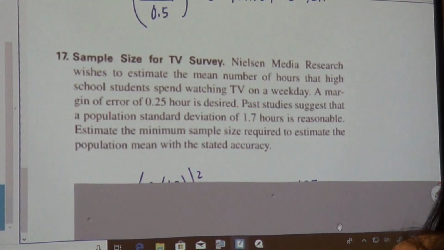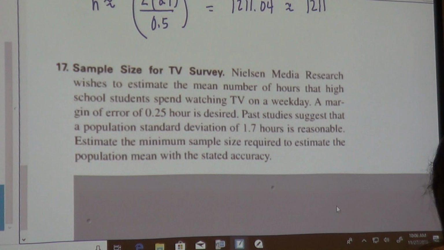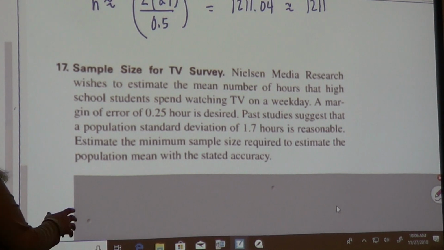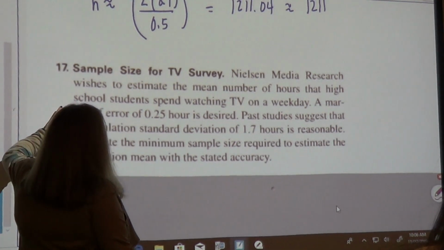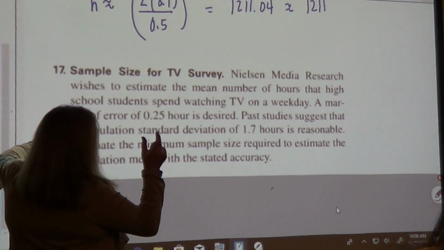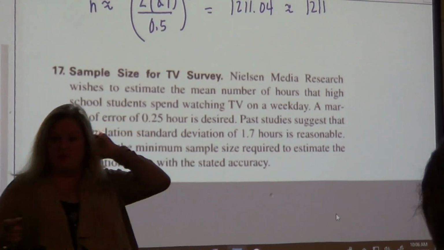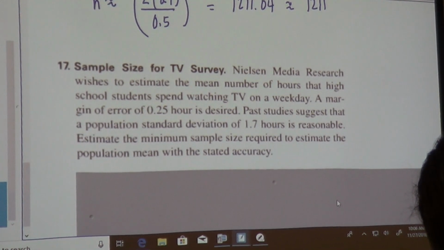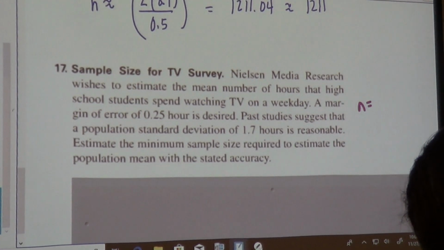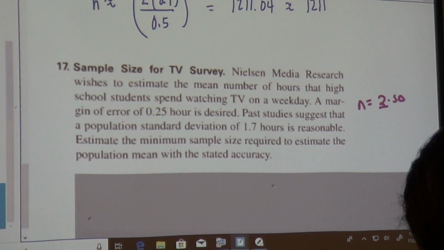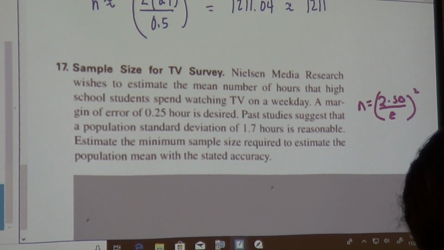Here's a word problem that looks a lot harder than it is. People are watching TV, the margin of error is 0.25, the standard deviation is 1.7. Estimate the minimum sample size. So how many people do we need to ask? So N equals 2 times standard deviation divided by error, squared.